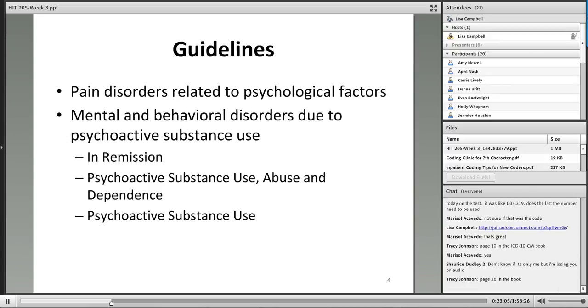Now, in the document that I gave you, which is called Inpatient Coding Tips for New Coders, one of the things that you will find is that we have identified for you, in really good detail, some examples of those additional diagnoses.